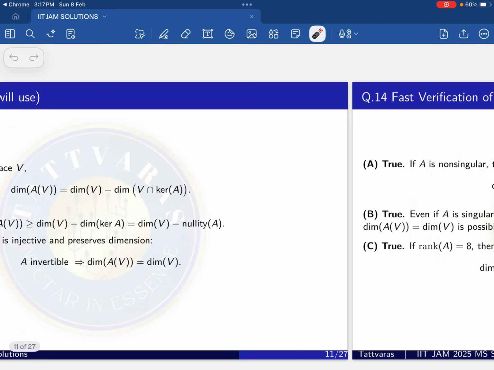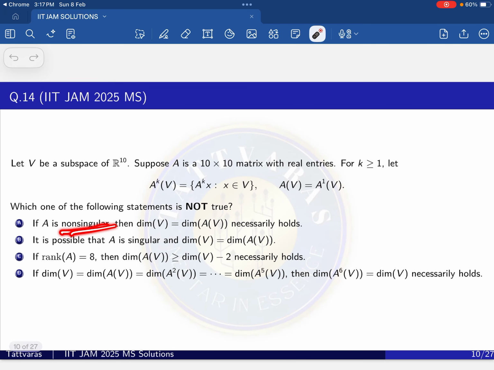What about option B? Option B says it is possible that A is singular and still the dimension of V is equal to the dimension of AV. Well, now this might seem wrong, but this is not wrong, because we are not necessarily having A full rank here.